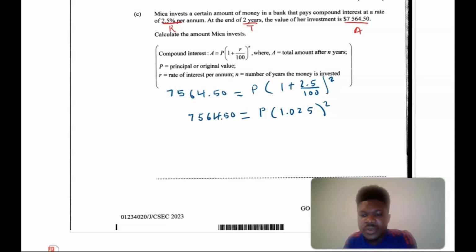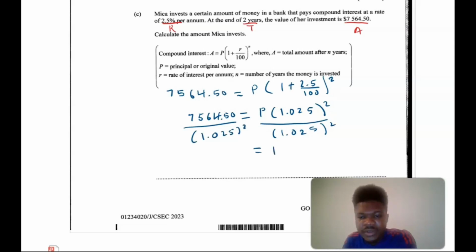Now, all we have to do is divide both sides by this value to get P by itself. Whichever value we get, since we can enter it into a calculator, we know we're going to divide both sides by 1.025 squared. Then we're going to get the original amount.